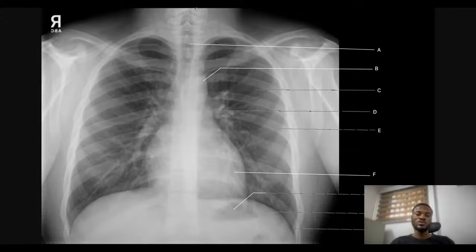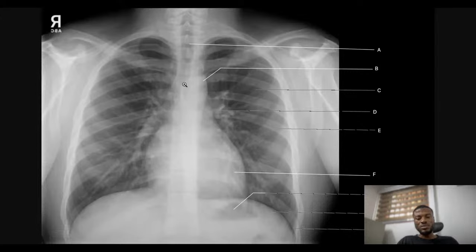We know from our anatomy that when the trachea gets to the level of the carina, which corresponds to the level of the sternal angle, it bifurcates into two main bronchi. We have the right main bronchus, which is at this side, coming into the right lung.